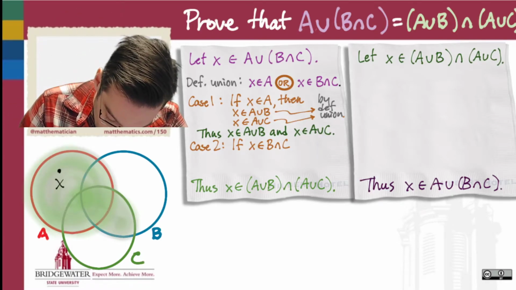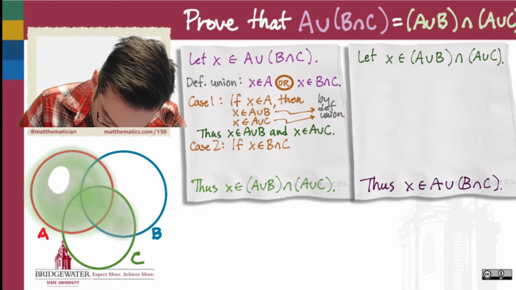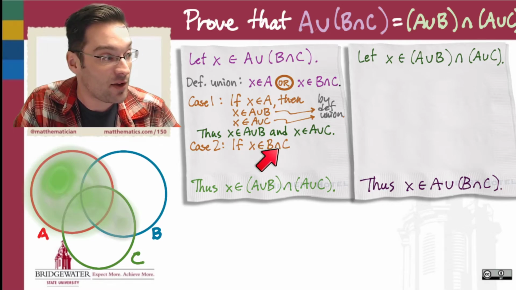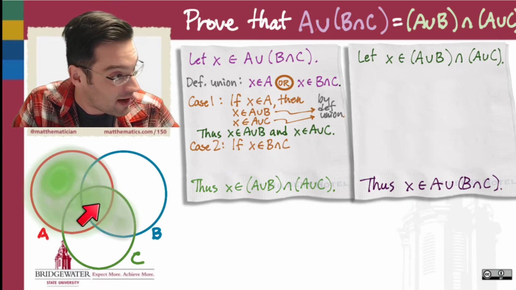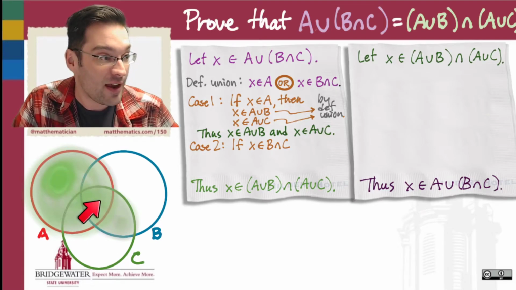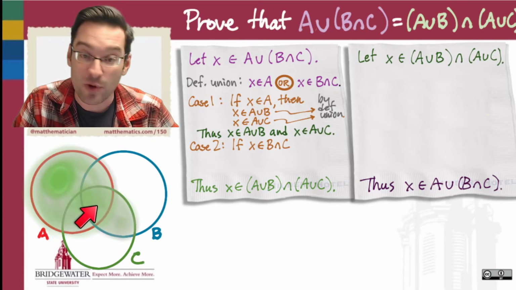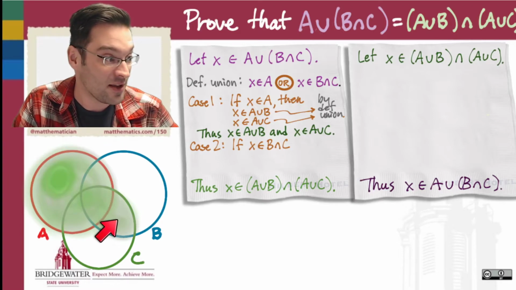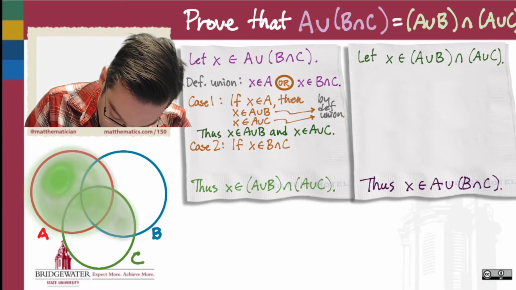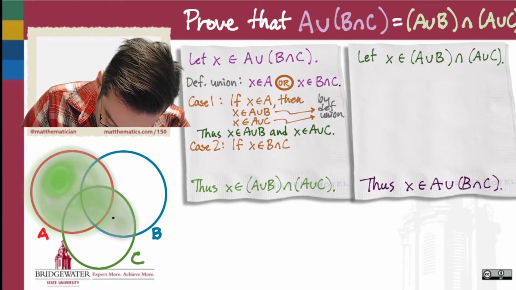So now that we don't have to worry about case 1, let's worry about case 2. In case 2, we make the assumption, let's suppose X belongs to the intersection of B with C. So in my Venn diagram, it belongs to one of these two areas, right? We've already proven the case where X belongs to A, so I don't actually need to worry about this area in the Venn. Let me just imagine that my X is in this area of my Venn, because that's the only region on this diagram that we haven't already proven by proving case 1.